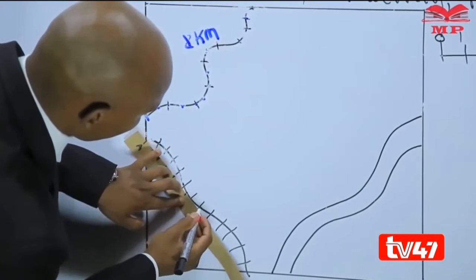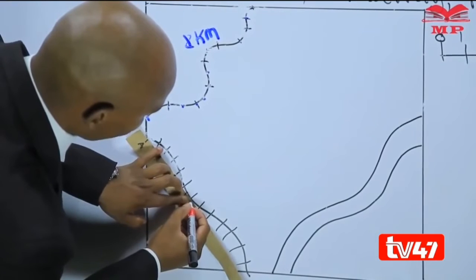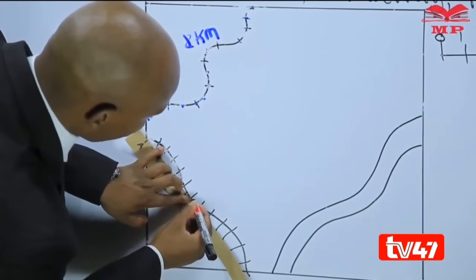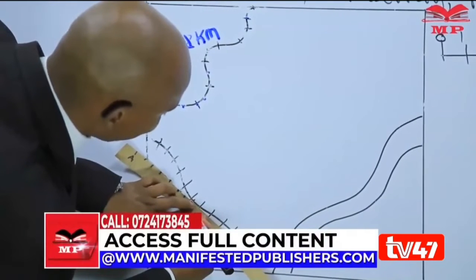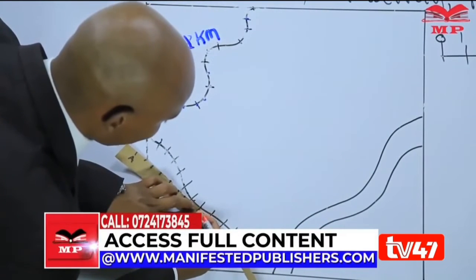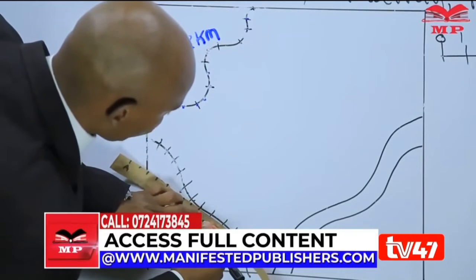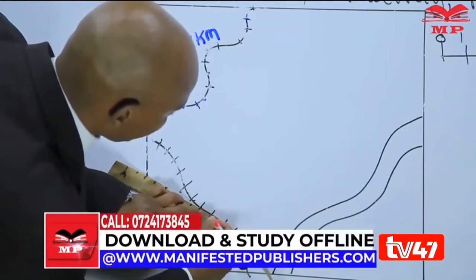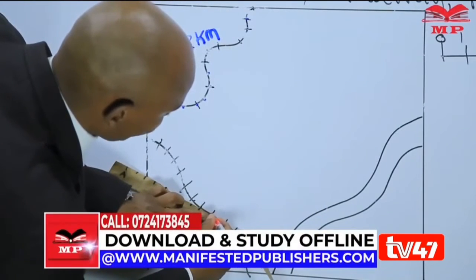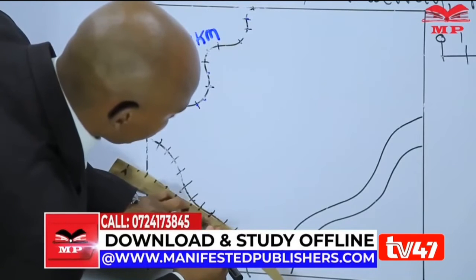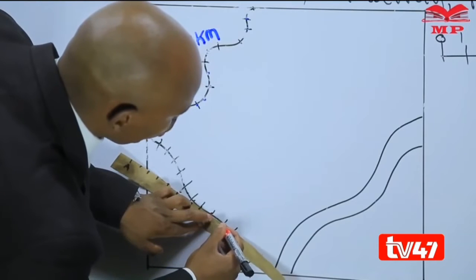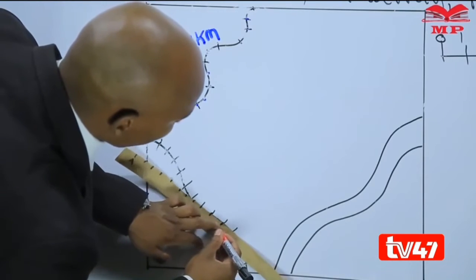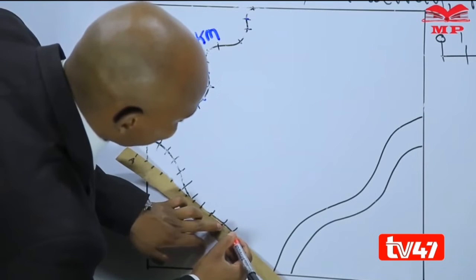If it curves again, you curve your paper firmly and make sure that you are directed by the markings that you are making on the paper so that you don't repeat any section of that railway. The markings are very important because they are the ones guiding you not to repeat yourself or exceed.